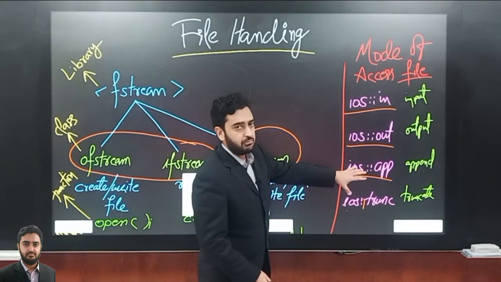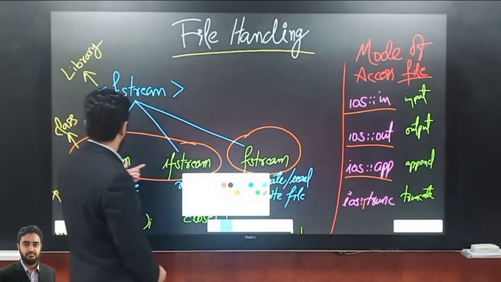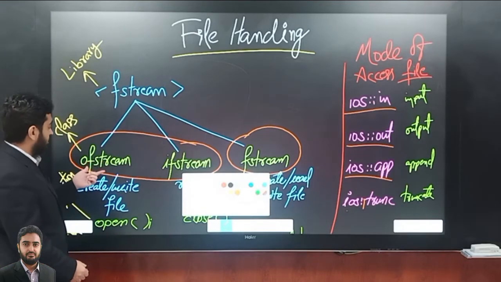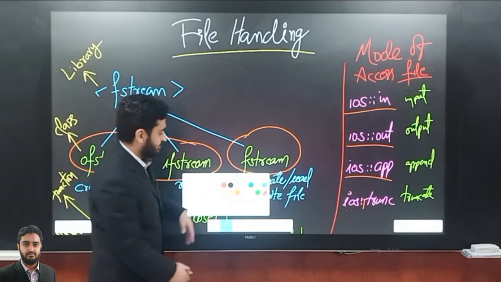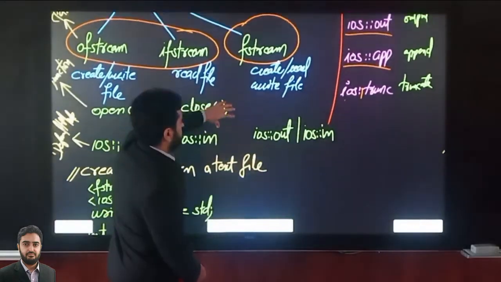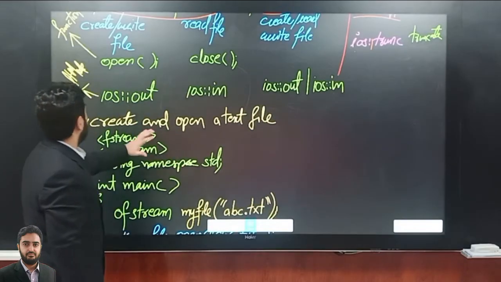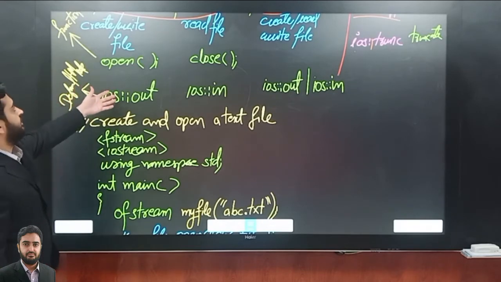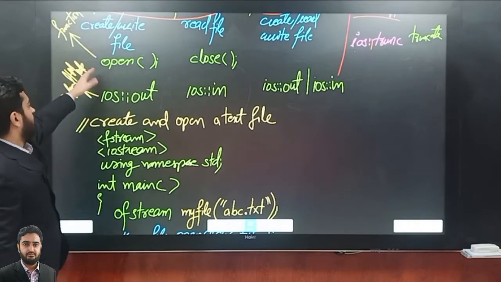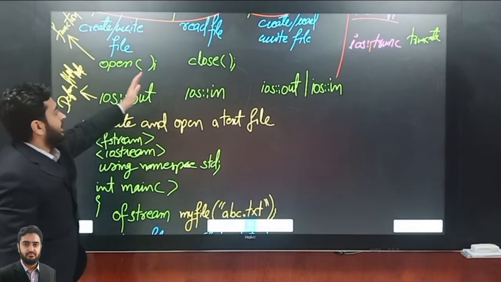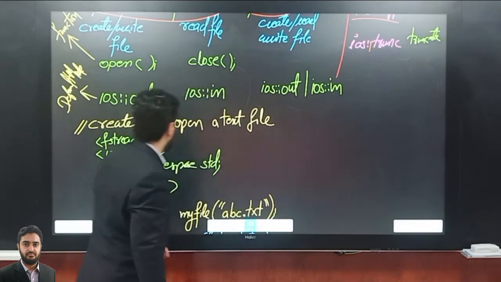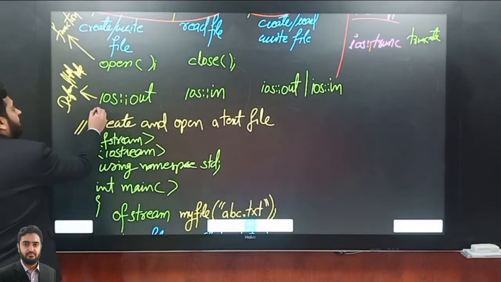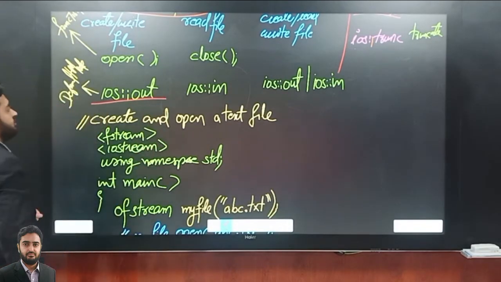There are some default opening modes that are already used with ofstream, ifstream and fstream. Those default modes are ios double colon out.